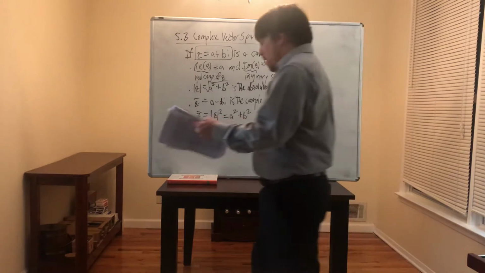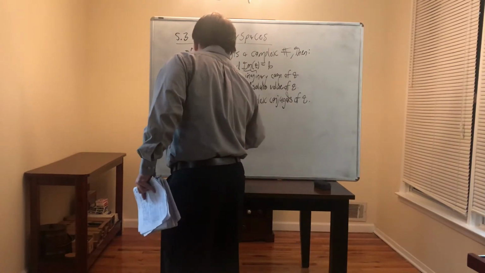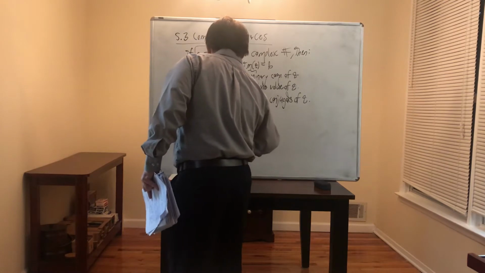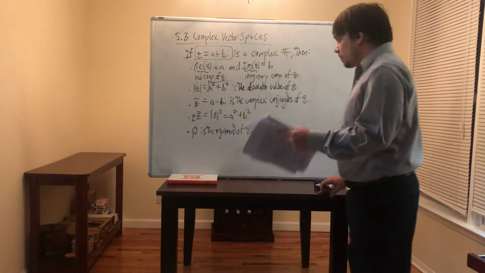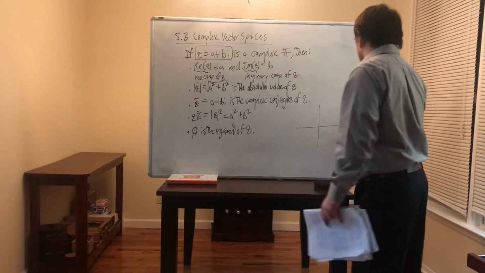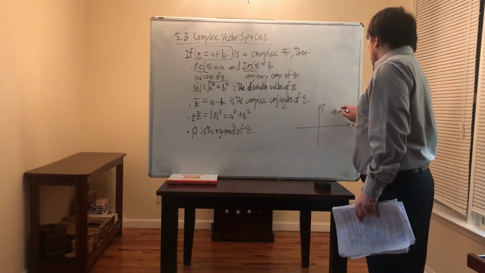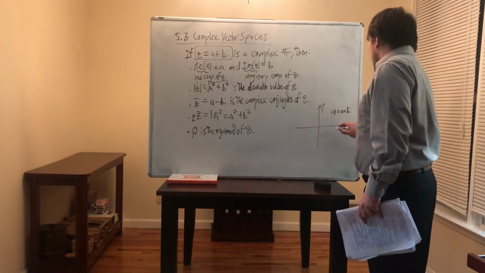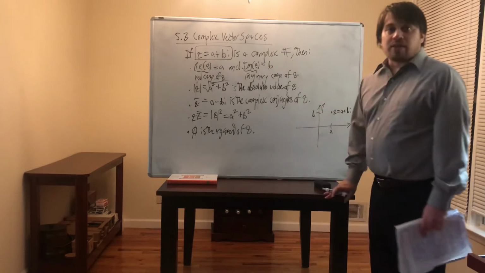Let's say we call phi the argument of z. If you draw a picture of z in the xy plane, z would be a point equal to a plus bi, where a is the real component and b is the imaginary component.